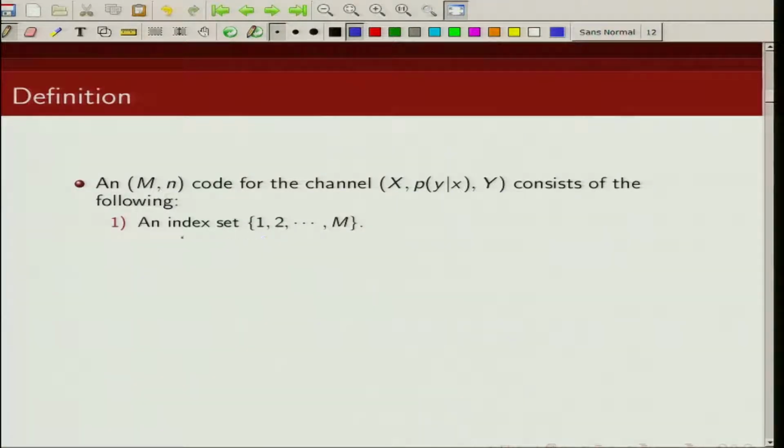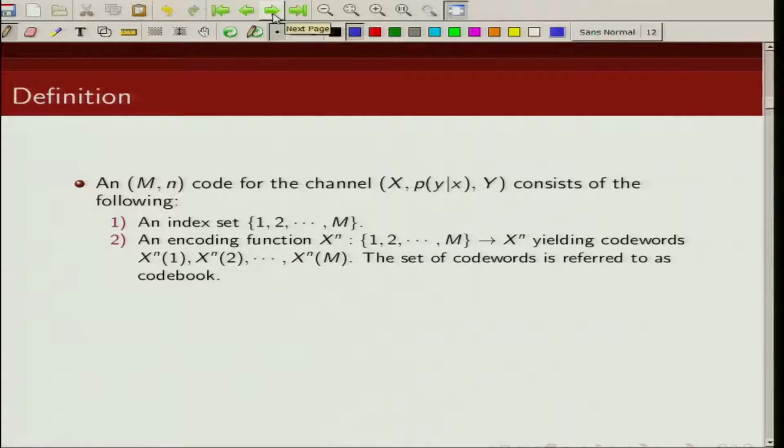So, this index set will be used to correspond to each of these messages, and our encoder is a mapping of this index set to an n-bit sequence, which we denote by x^n. So, we will have m code words, x^n(1), x^n(2), x^n(3), up to x^n(m). These are our set of code words, and we will refer to our set of code words as the codebook.